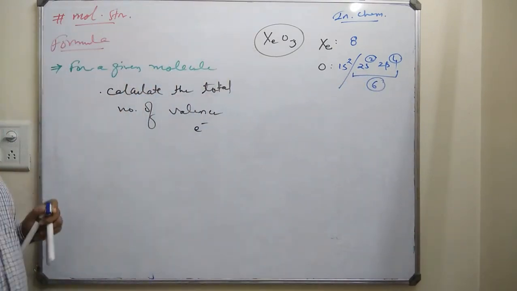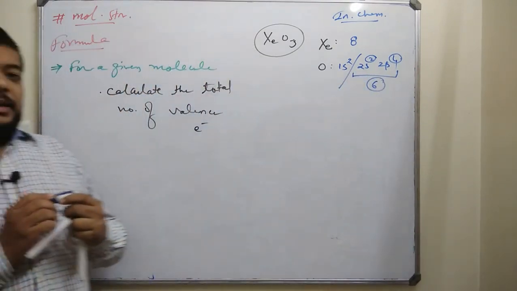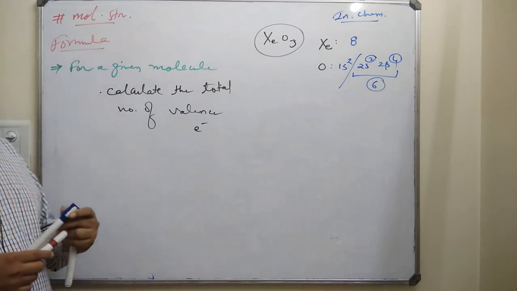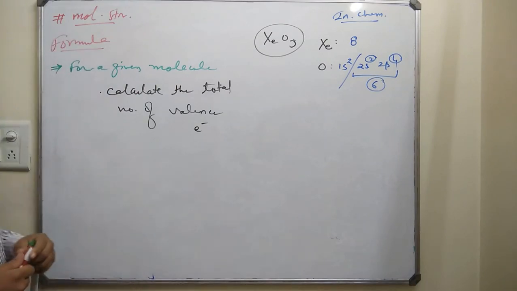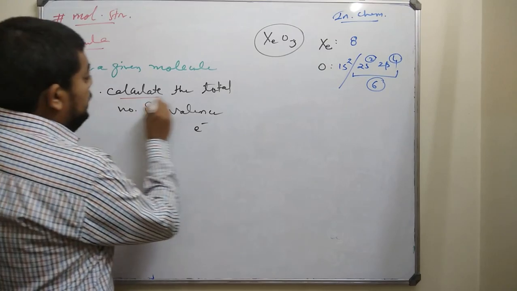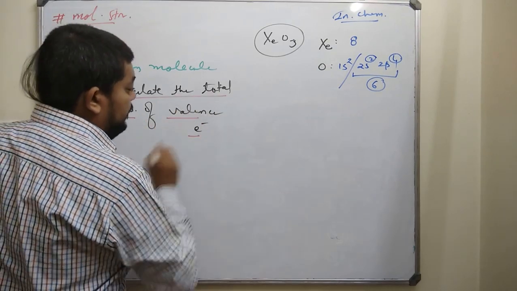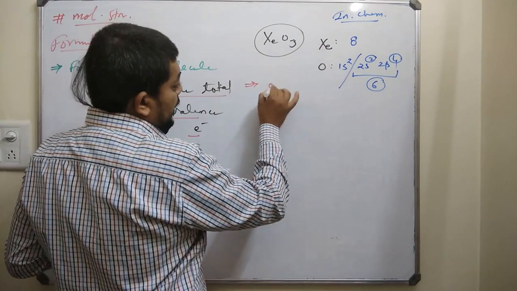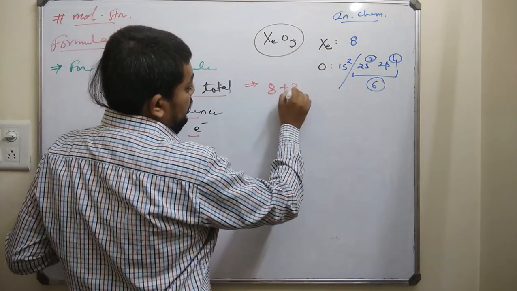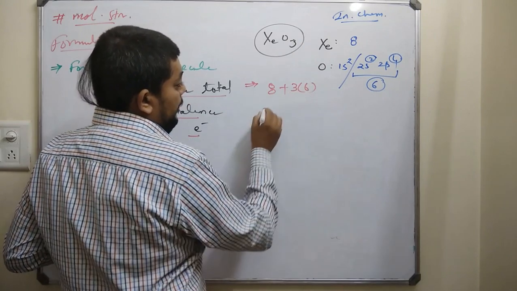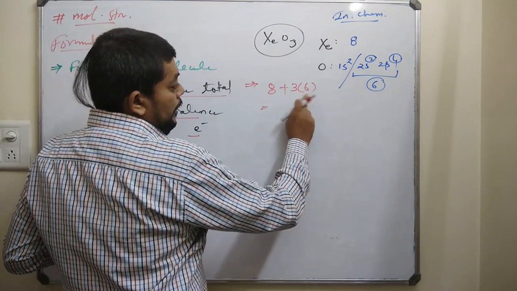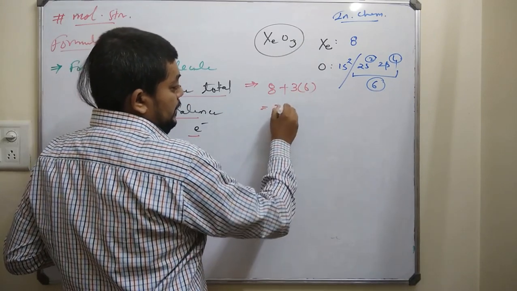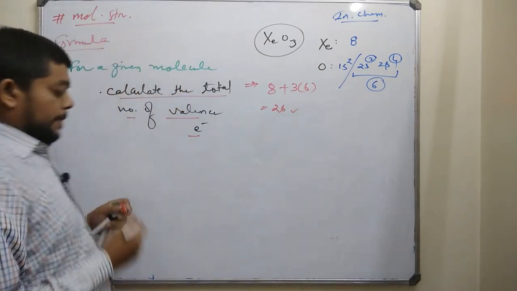So xenon has 8 valence electrons, whereas oxygen has only 6. The total number of valence electrons will be 8 plus 3 oxygens multiplied by 6, which is 18 plus 8, that is 26.